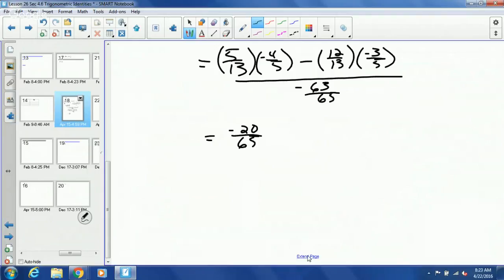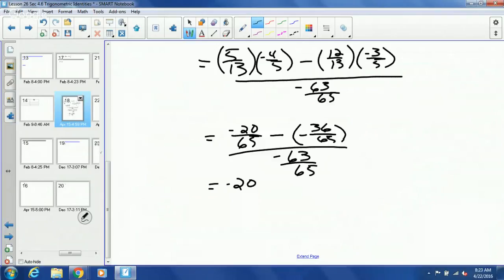The reason I don't want to start factoring now is seeing my numerator and my denominator. I've got 65. Well, if I do it up in the numerator, I'm going to get the same thing, and that's minus a -36/65, which just gives me a negative 20 plus 36 over 65, over negative 63 over 65. And again, you can skip some of these steps probably.